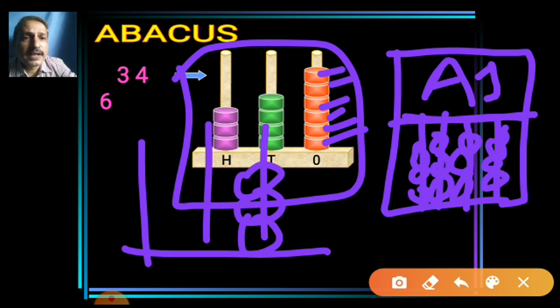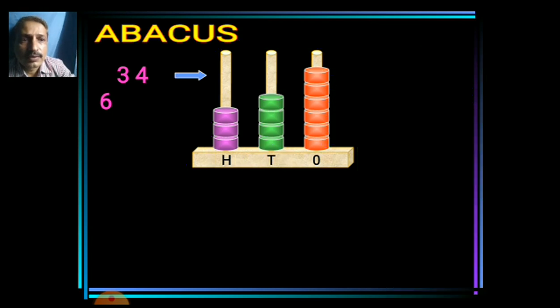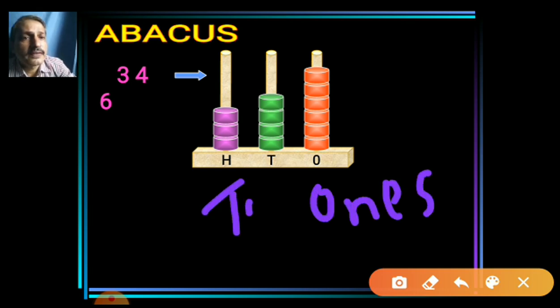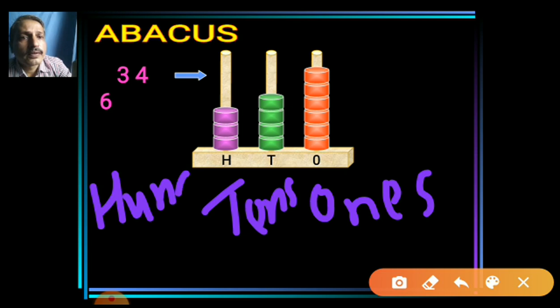On the right side place, we say the ones place. And then green one, 4, and pink one, 3. So orange means ones, green means tens, and pink means hundreds.